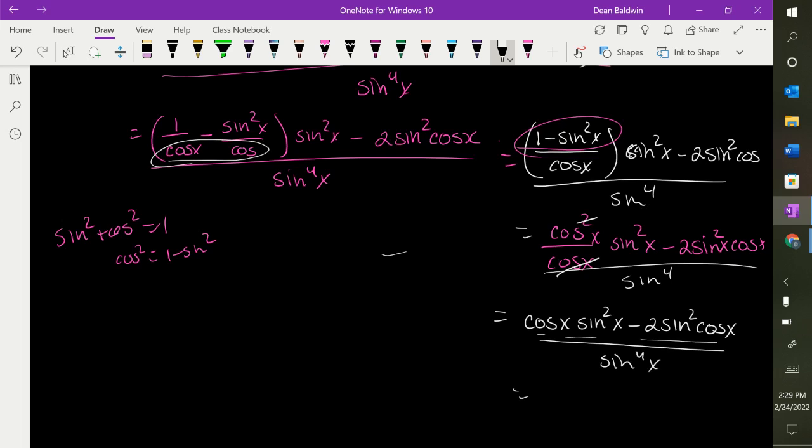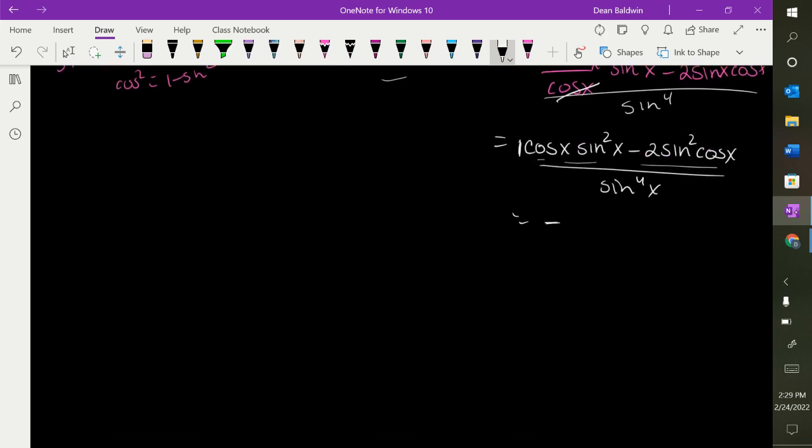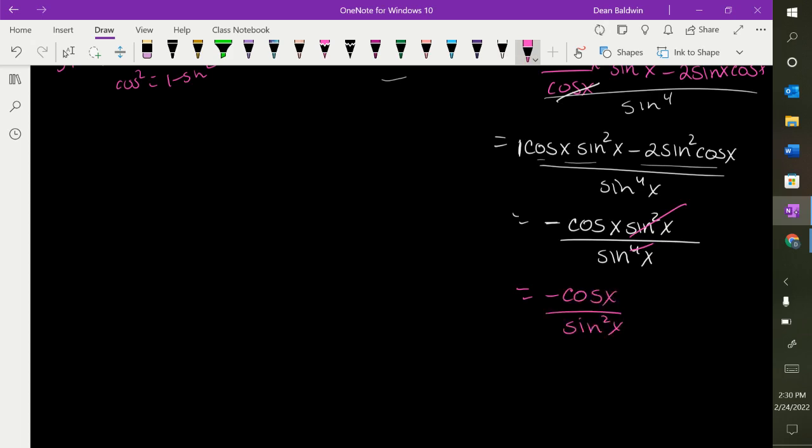These are like terms, so it's essentially 1 minus 2, which is negative 1. So I get negative cos x sine squared x over sine to the fourth x. That's gone. That becomes 2. I'm left with negative cos of x over sine squared of x. Now I'm just going to leave it there. You could simplify it further, but I'm just going to leave it like that.